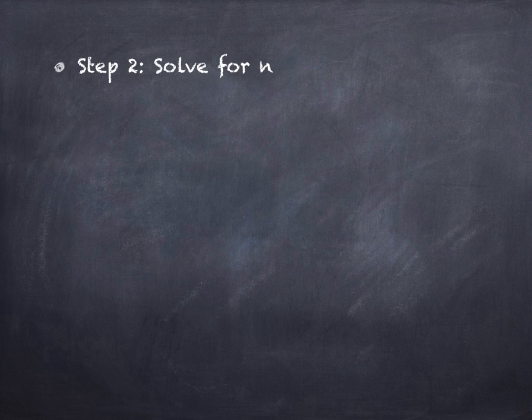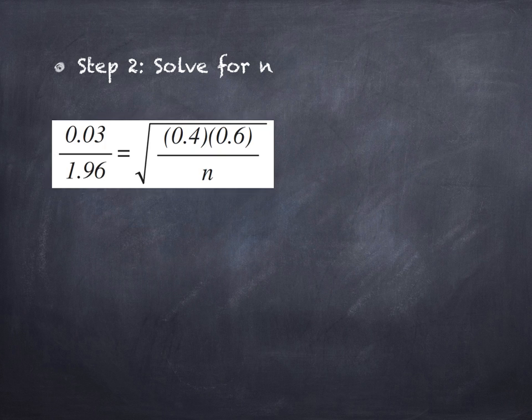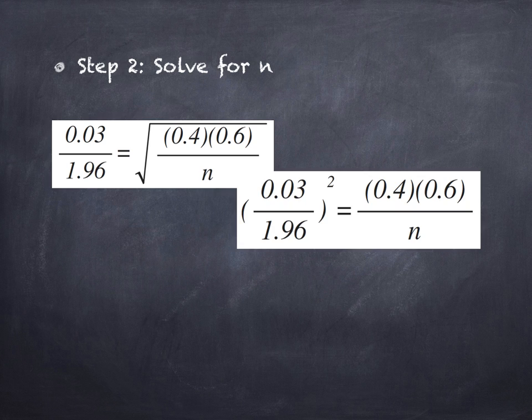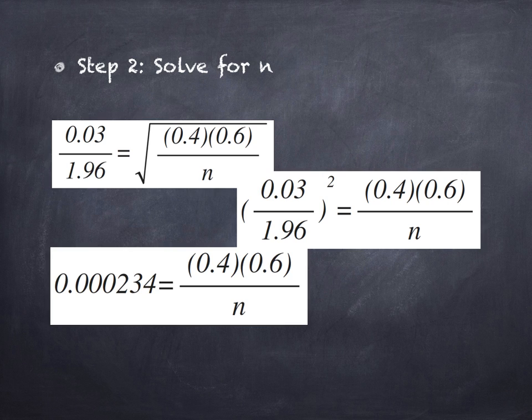So first, you're going to divide each side by 1.96. Once you divide each side by 1.96, you are going to square both sides to get rid of that square root. And you end up with 0.000234 equals 0.4 times 0.6 all over n.